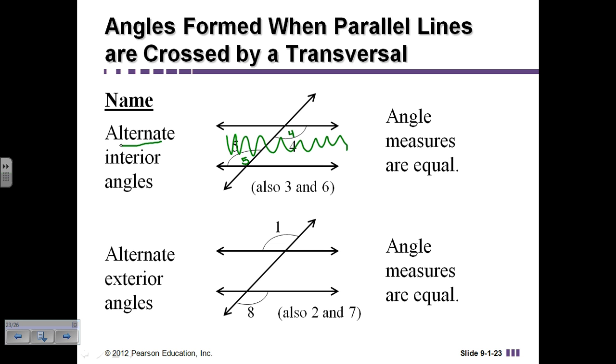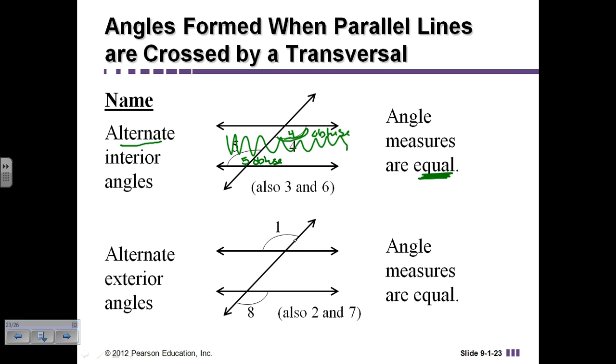Alternating means opposite sides. They're on opposite sides on the interior. This angle, number 4, is obtuse. And this angle down here, number 5, is obtuse. So since both of the angles are obtuse and they're on alternating sides and they're on the interior, they are equal to each other.